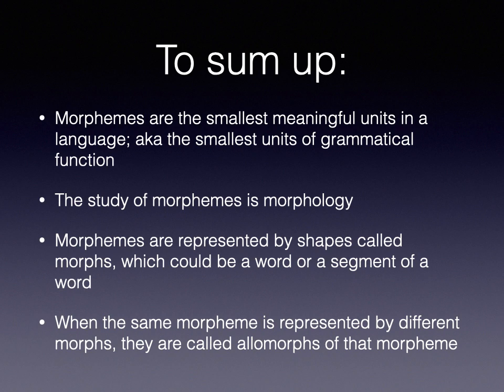And morphemes, as I mentioned, are at the level of meaning, they are conceptual, and if you want to write them down, if you want to represent them, then you have to use certain shapes called morphs. The letters or combinations of letters that you use to represent a morpheme are called morphs. And morphs can be a word or a segment of a word or even just one letter, like the plural morpheme being represented by the letter S.